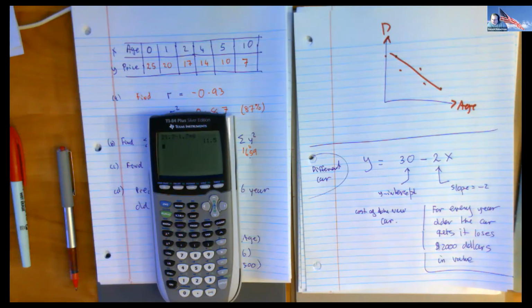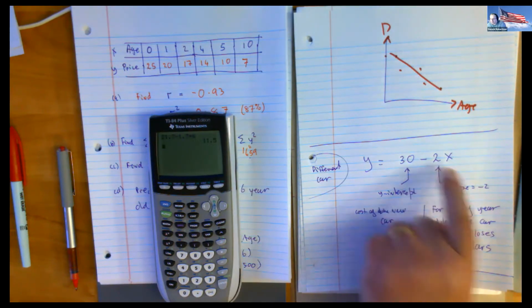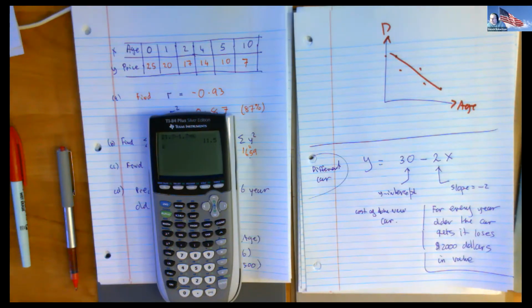So in the context of this question, does that make sense? If X gets another year older, you're going to knock $2,000 off the price, right? So if it's 8,000 this year, you'll only get 6,000 next year as a trade-in, right? And 4,000 the year after that.